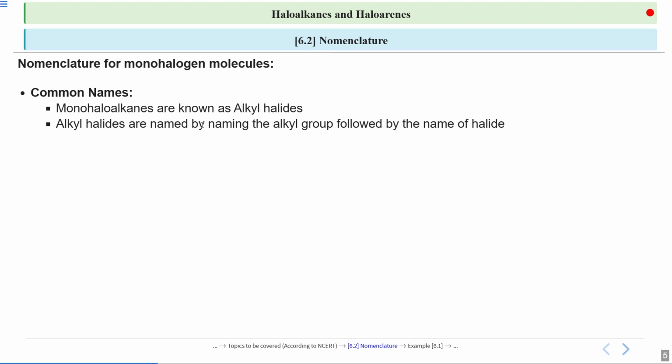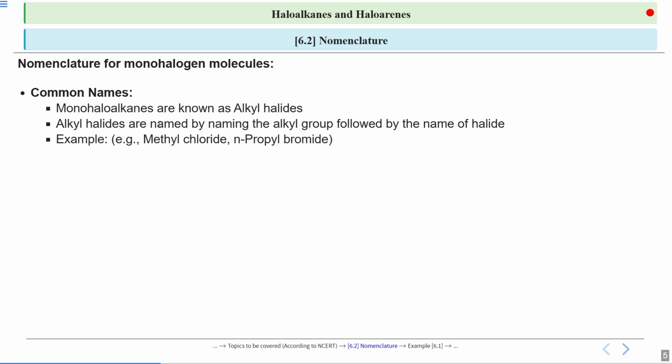Alkyl halides are named by naming the alkyl group followed by the name of the halide. So first you name whatever alkyl group is present, methyl, ethyl, and then you write the name of the halide it is attached to. For example, methyl chloride and n-propyl bromide.